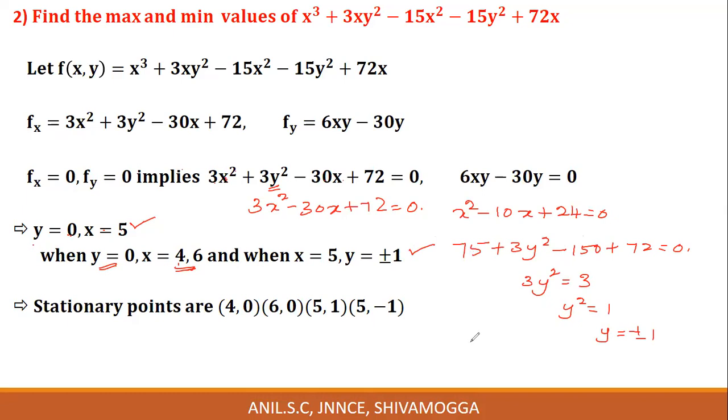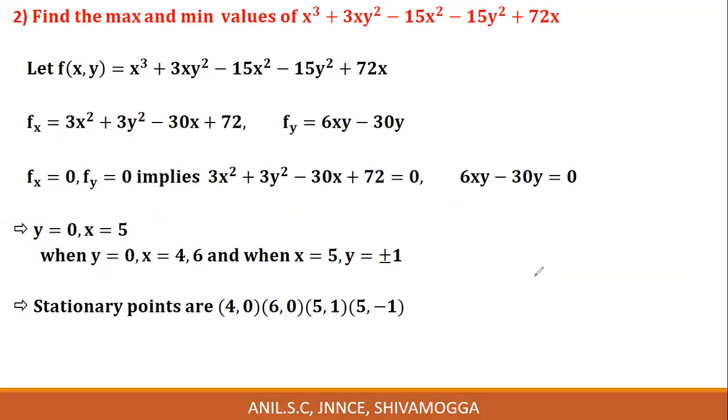Therefore, the possible stationary points are, write all the possibilities in the form x comma y, starting from this: 4 comma 0. Next 6 comma 0. And here 5 comma 1. 5 comma minus 1.